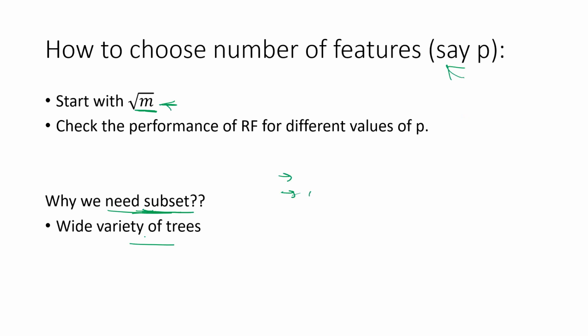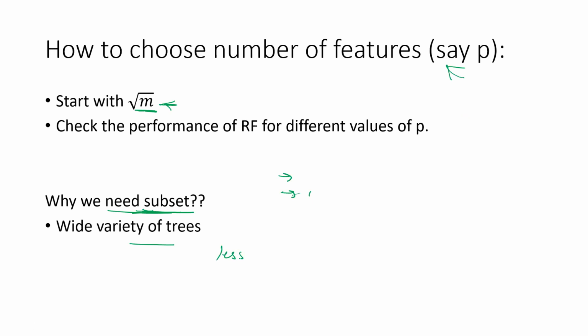So that idea should be clear: why we need a number of features and why we need bootstrap samples. Tell me, if I choose a lesser number of features, will their performance be more dependent or independent? I mean, will the performance be the same or more different if I choose fewer features? Your performance will be less, I think.